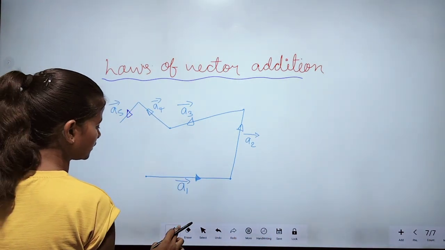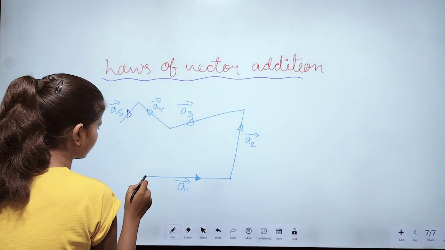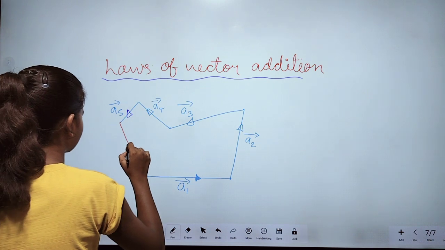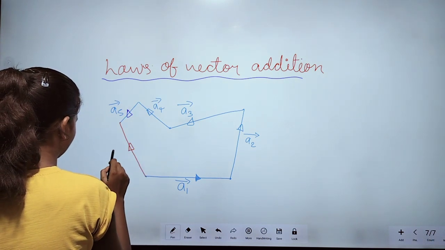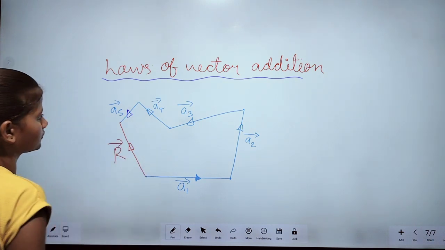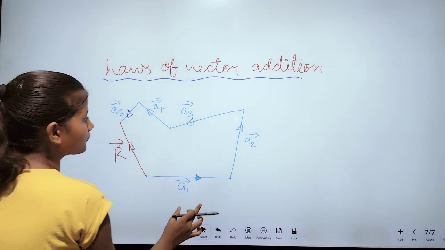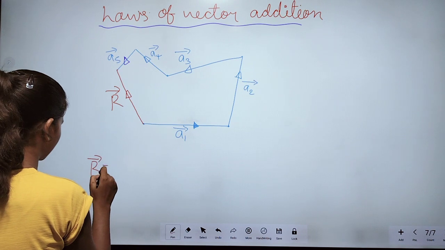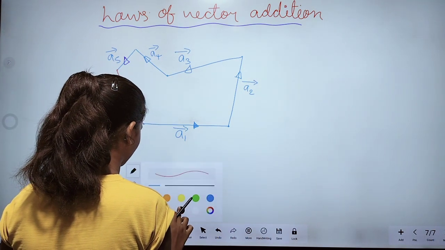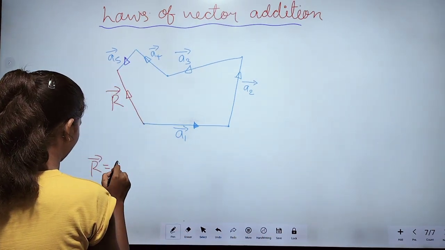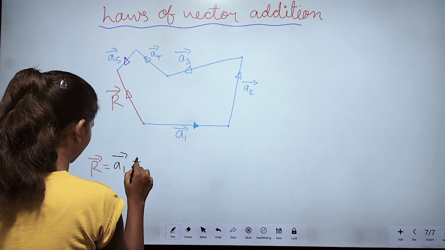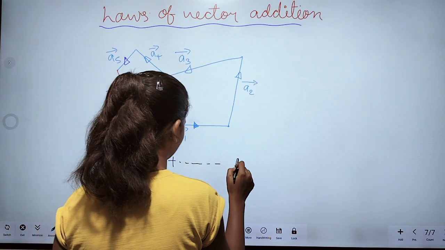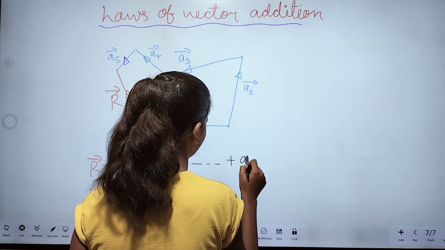This is our first vector, and the head of the last vector gives the resultant R vector. Okay. R vector, the resultant, is equal to A1 vector plus A2 vector plus and so on plus A5 vector.